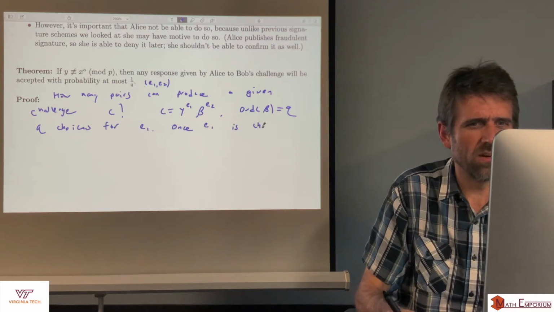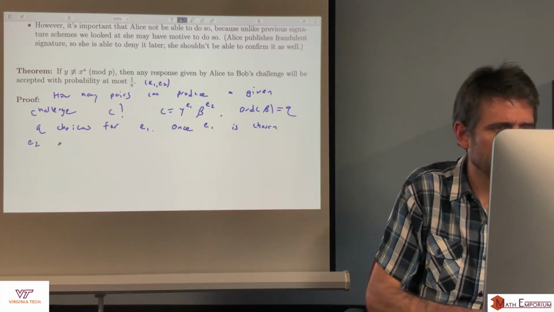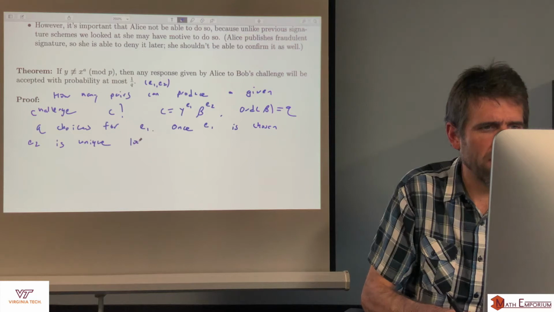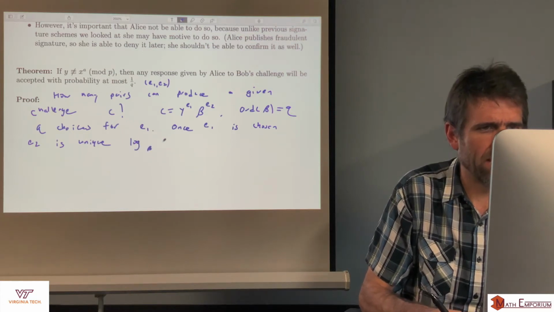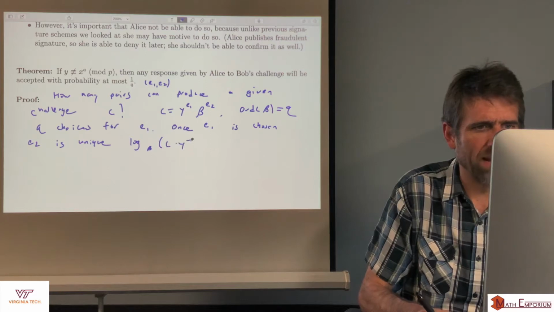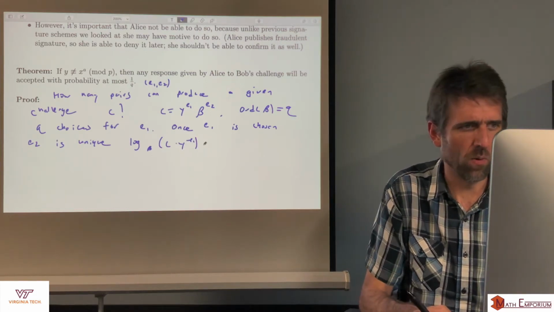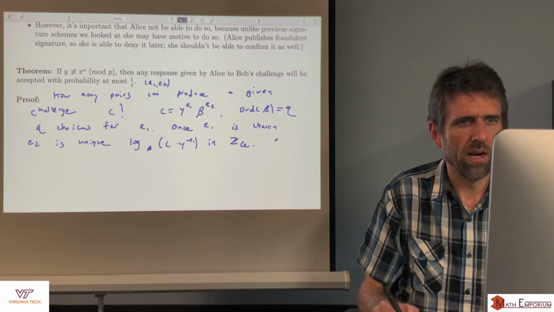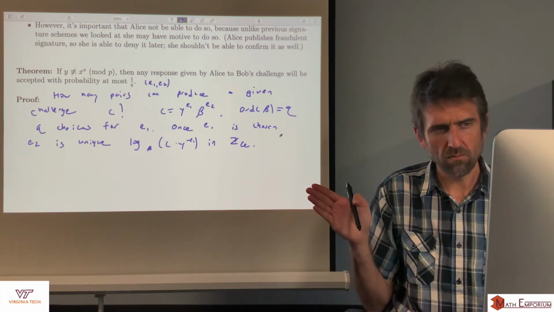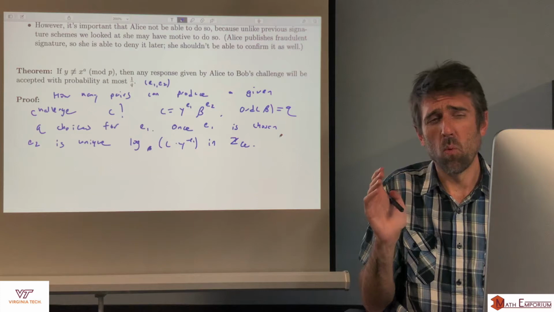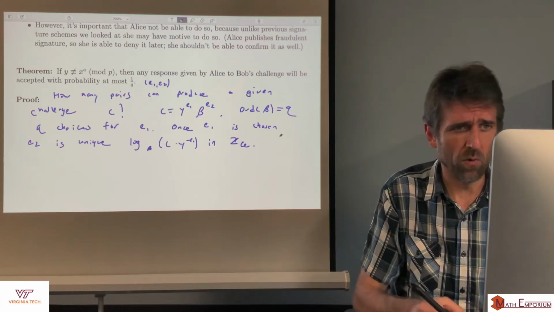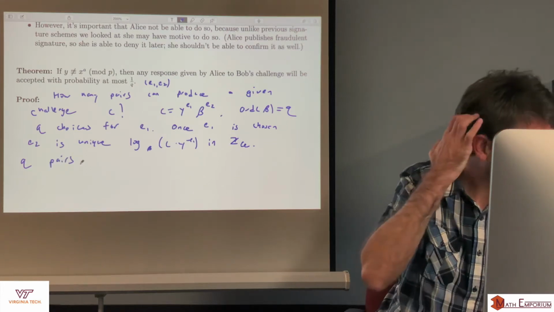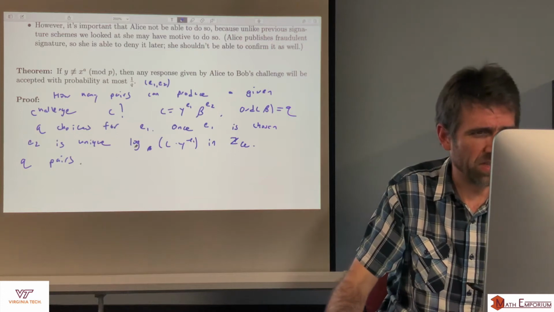Once e1 is chosen, then e2 will be the unique log base beta of c times y to the minus e1, just moving the stuff to the other side of the equation. Remember, there's a unique value for that in Z mod q. So there are q possible choices for e1 that can produce the challenge. Once e1 is chosen, e2 is forced, so that means there are q total pairs that could have produced this challenge.